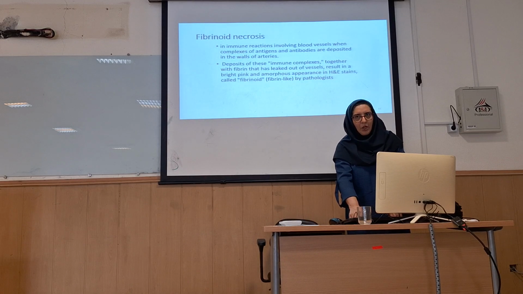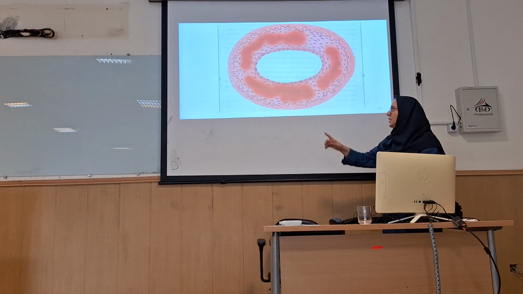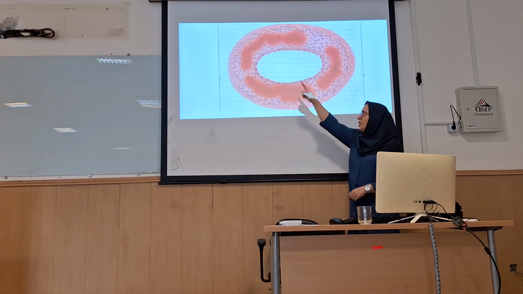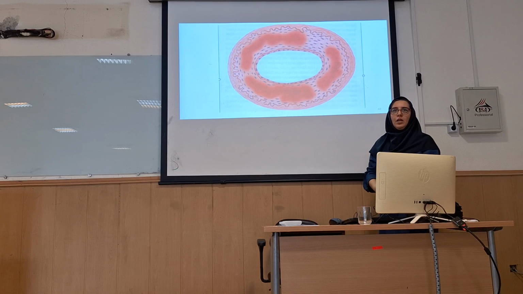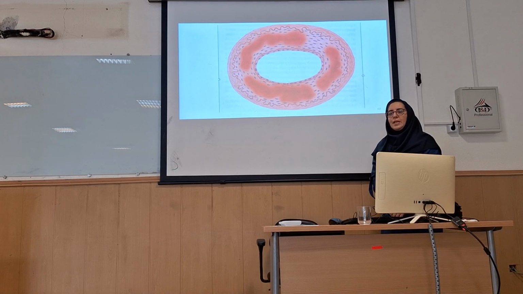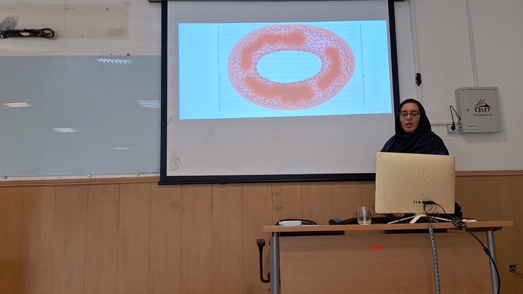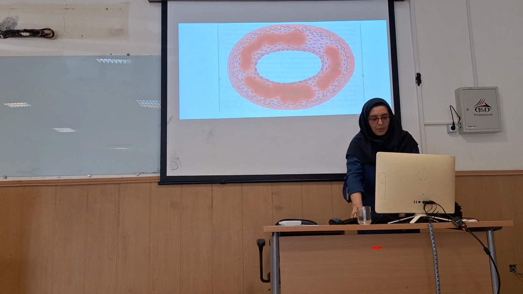It's fibrin-like, so-called fibrinoid necrosis, in hematoxylin and eosin. Deposition of fibrinoid eosinophilic material in the arterial wall is associated with some vasculitis, for example, polyarteritis nodosa and HSP.